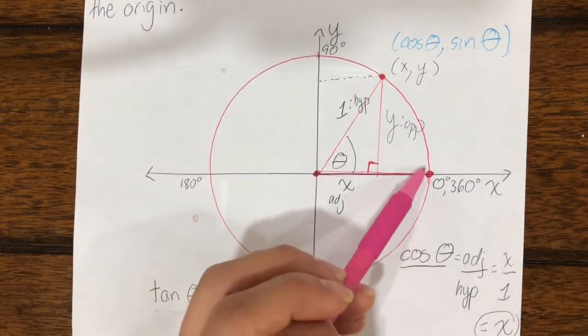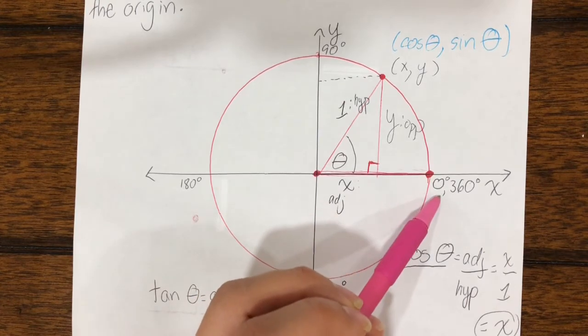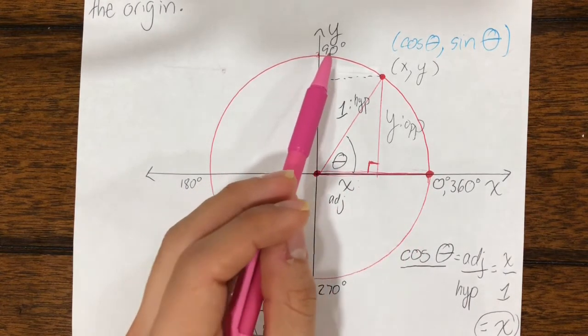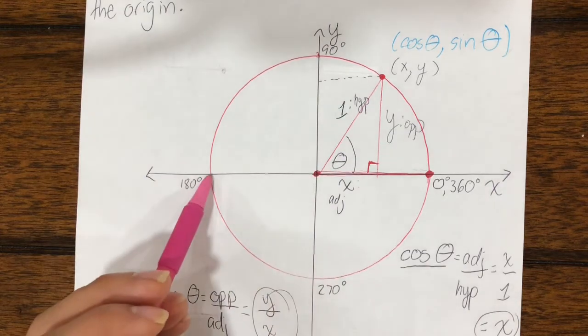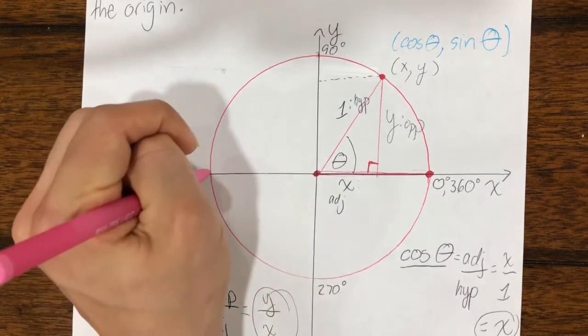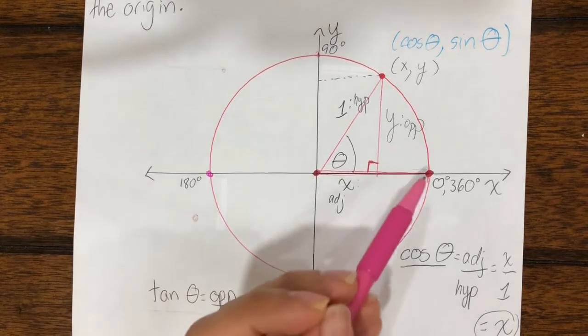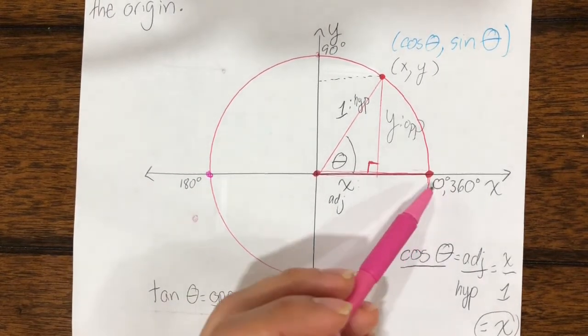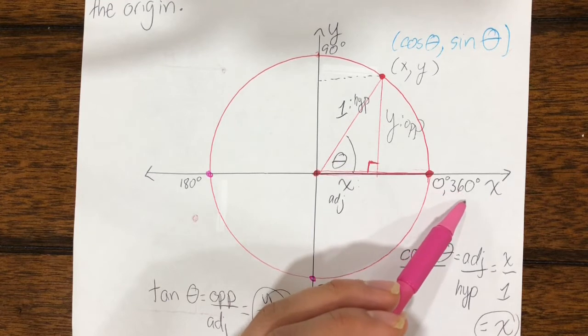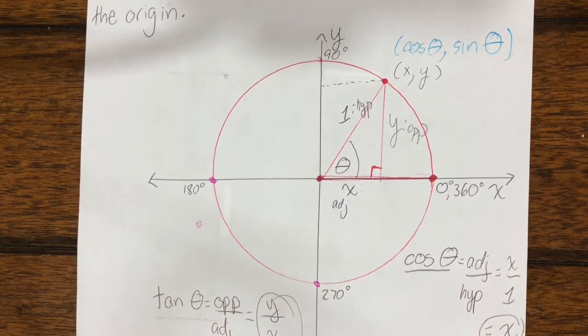We have this point, which represents 0, this point, which goes to 90, this point, which is 180, the next one, which is 270, and then the last one, which is 360, which is on the same spot as 0. So what I want to talk about is the x and y coordinates for these four points.